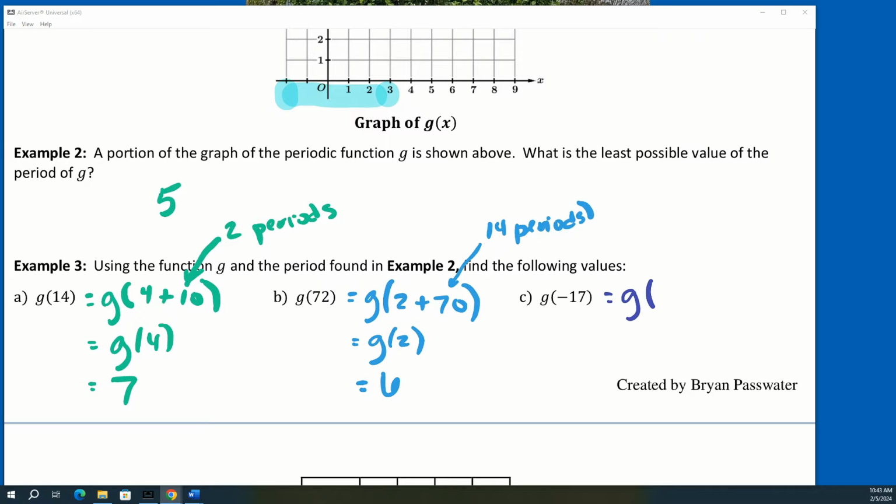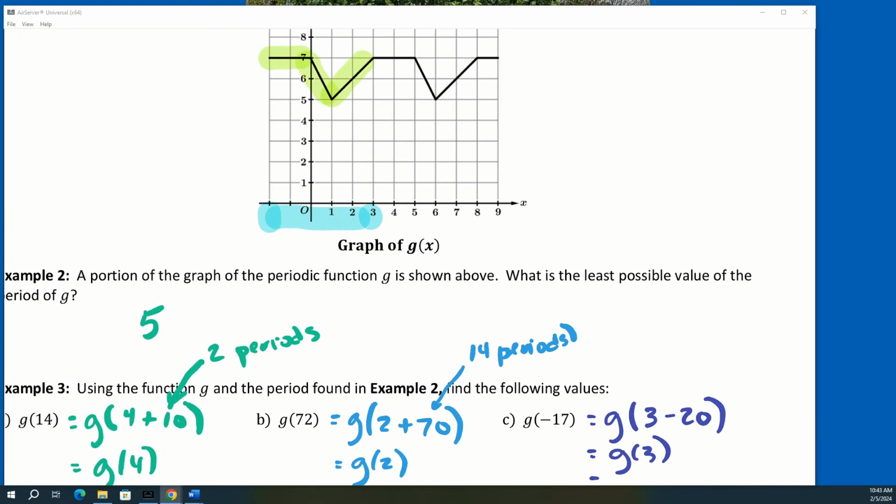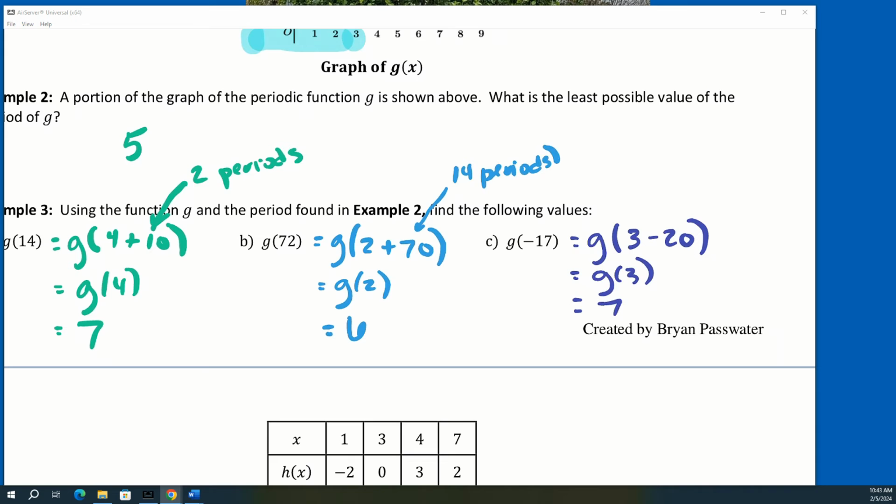What do y'all think? Yeah, so it's going to be 3 minus 20. So that's subtracting 4 periods from 3. And that's going to be the same output value as g of 3 is. And it looks like g of 3 is also 7.